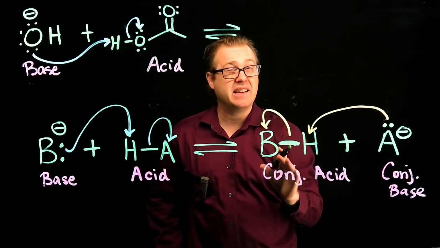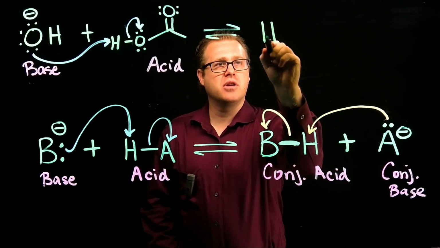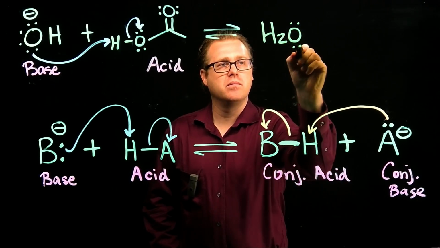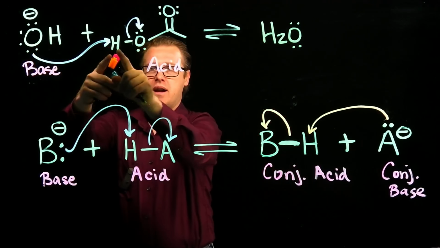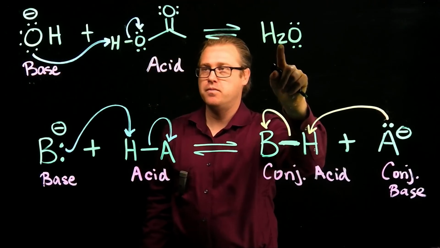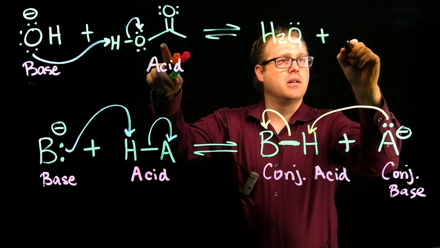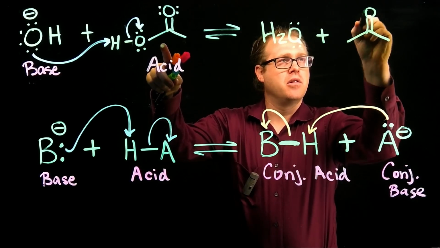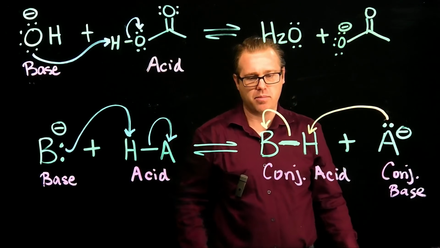I'm going to draw it in a different way now, and you will see this. I'm just going to draw it like this. It made water. Do you see how the hydroxide grabs the proton and becomes H2O? Plus there, the carboxylate.